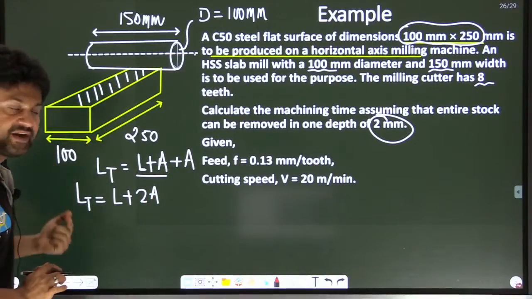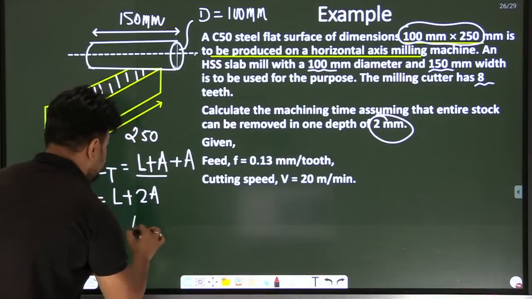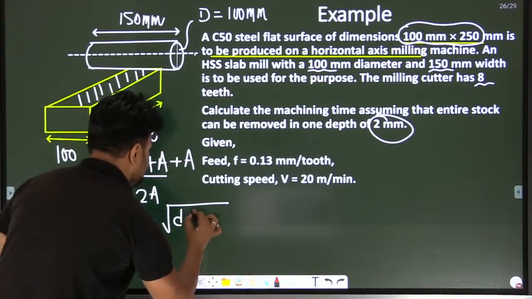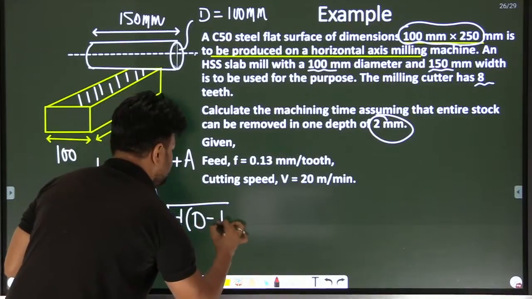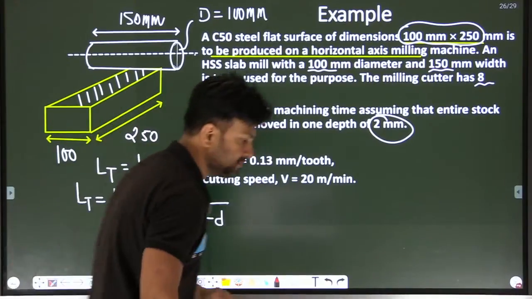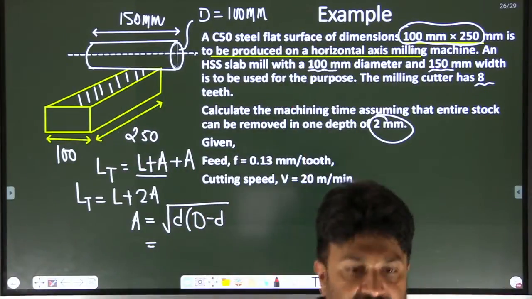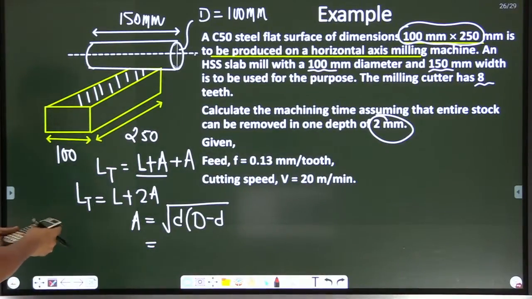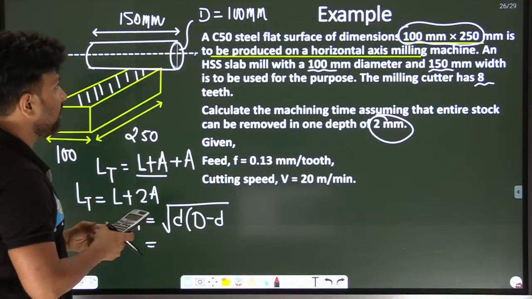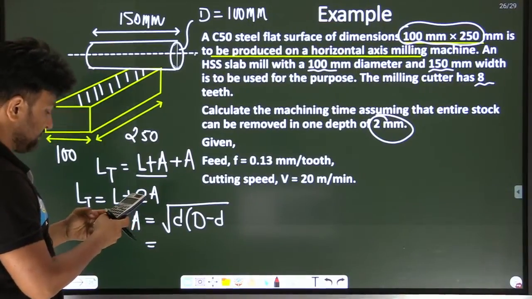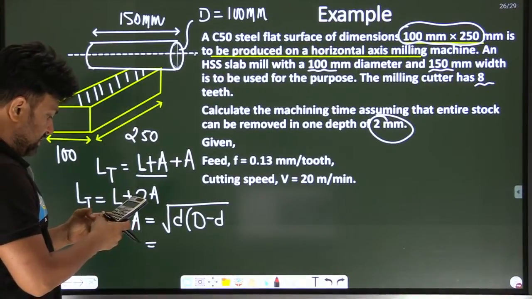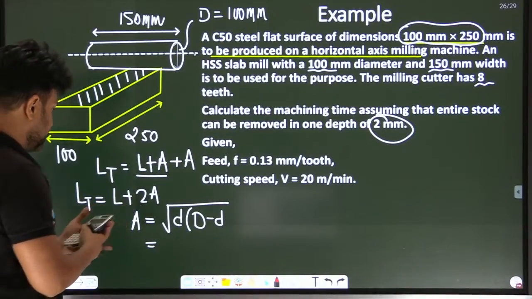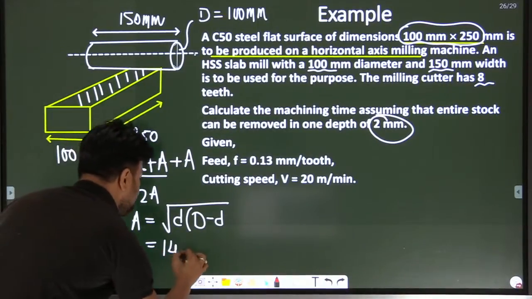Now you have to find A. Capital A is root of small d times capital D minus small d. Now I'm going to calculate it. Capital D is 100, depth of cut is 2, so it comes to 14 mm.